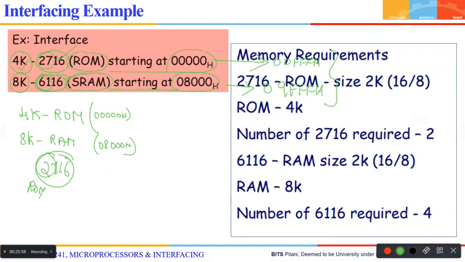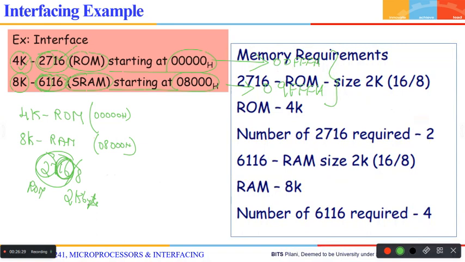Take the remaining number divided by 8, and that much in kilobytes is the memory capacity of that chip. So what is the capacity of the 2716 memory chip? It's a ROM. Capacity is 2 kilobytes.